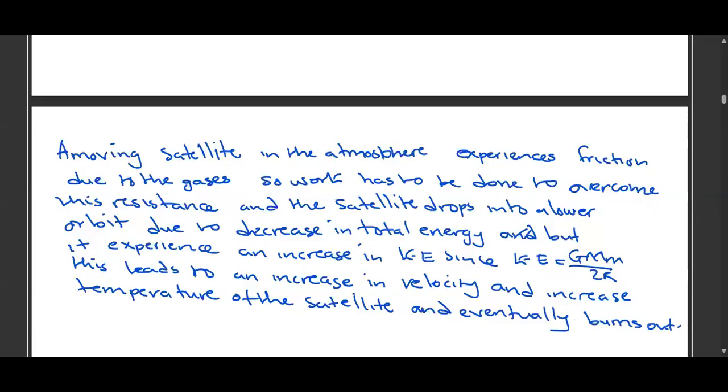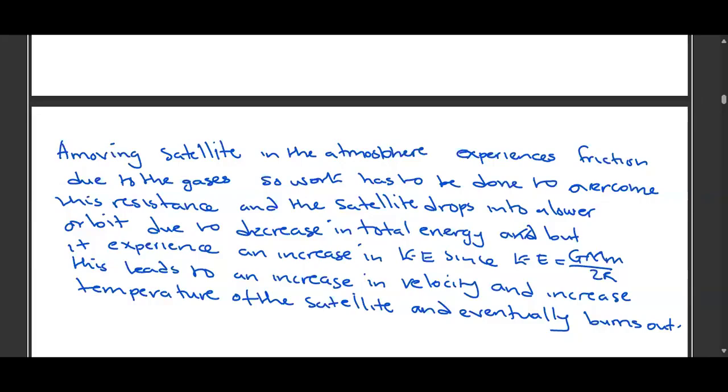So the moving satellite experiences some air resistance due to the presence of the gases in the atmosphere, and work has to be done to overcome this resistance. And on overcoming resistance, the satellite loses energy, total energy reduces, thereby dropping into a lower orbit. And by dropping into a lower orbit, the KE is going to increase, since KE is inversely proportional to the distance of the satellite from the center of a given planet. Now, the increase in KE is going to lead to an increase in the velocity of the satellite.